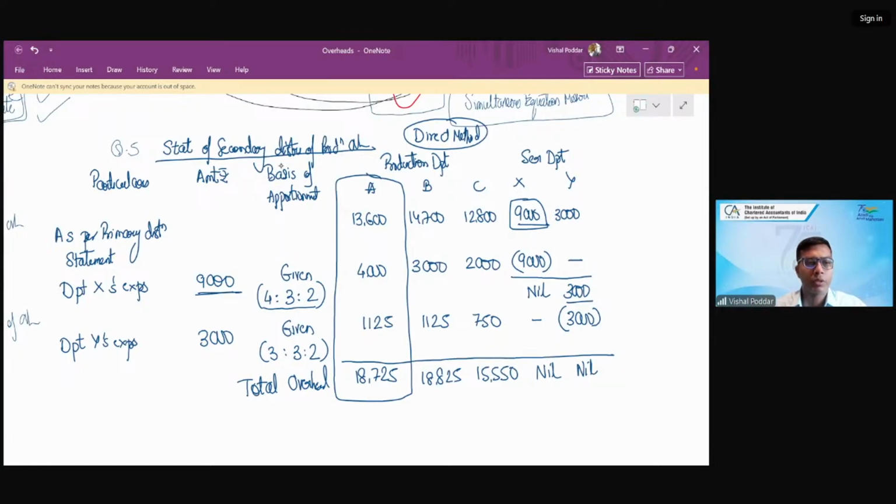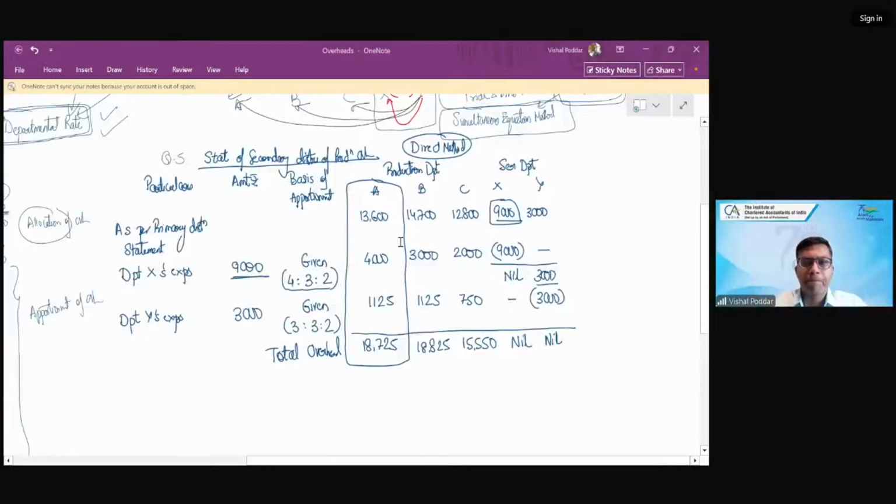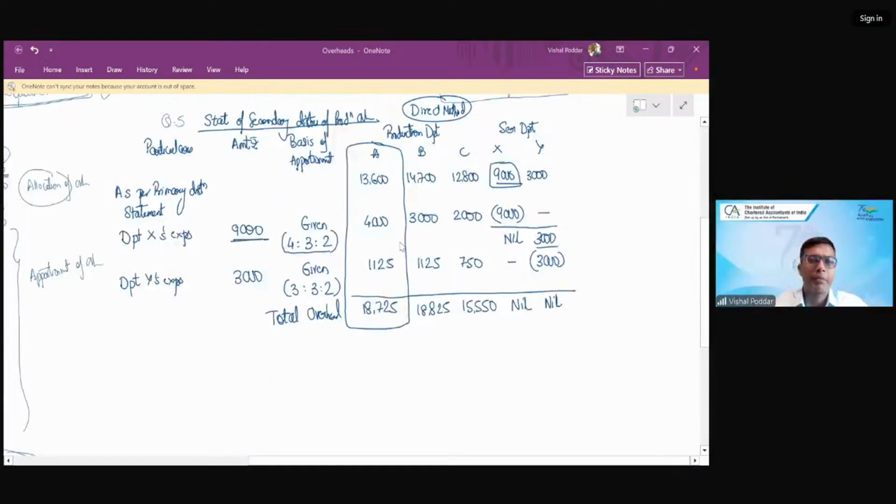So these are the totals. Yes, Meenu, thank you. This is clear, students? So this is by the first method, that is the direct method, correct?